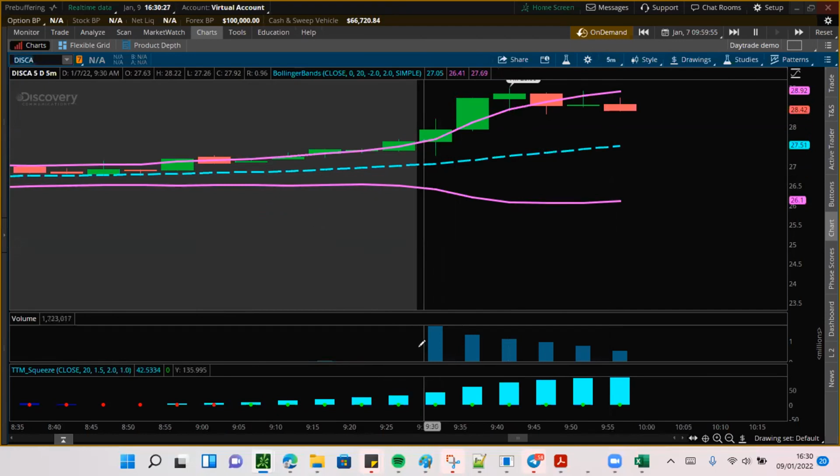So you see here at 9:30, it started going above the Bollinger Band. Okay, so now I saw that this is going up, so I'll try to scalp this stock.